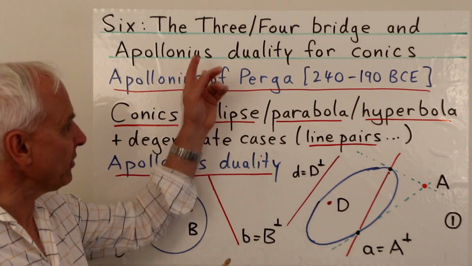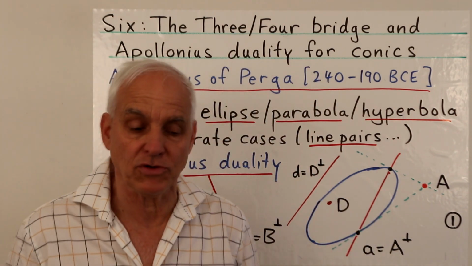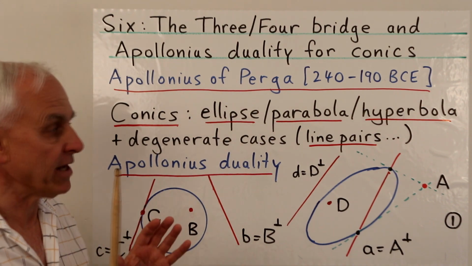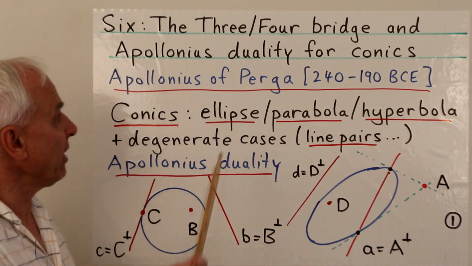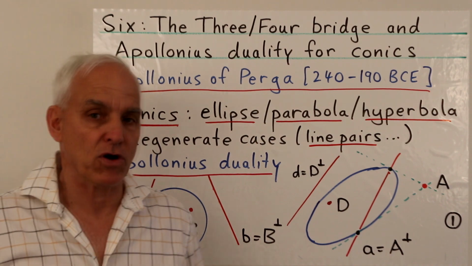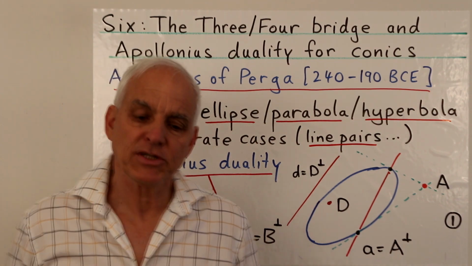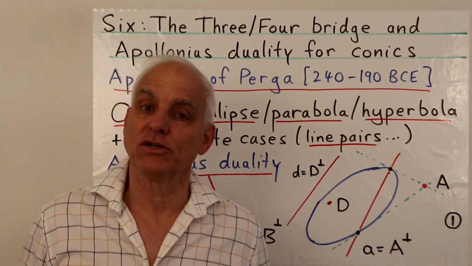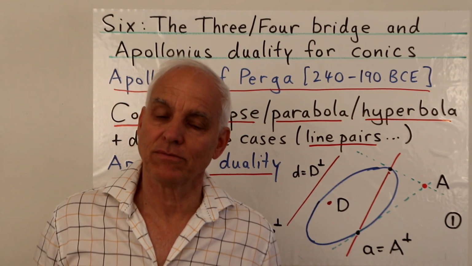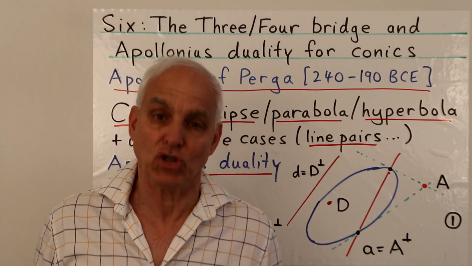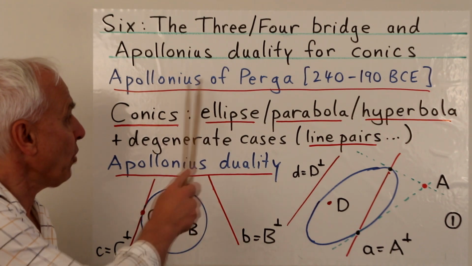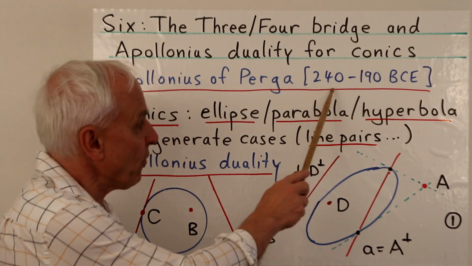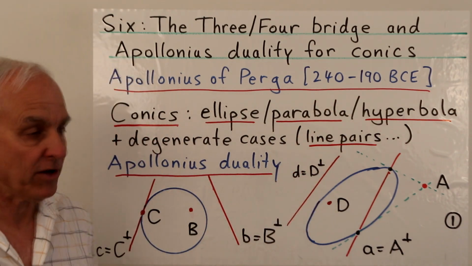We want to talk about this 3-4 bridge that we've already introduced and show how it plays an important role in a remarkable duality for conics. This was discovered by one of ancient Greece's most important and influential geometers, Apollonius of Perga, who lived from around 240 to 190 BC.